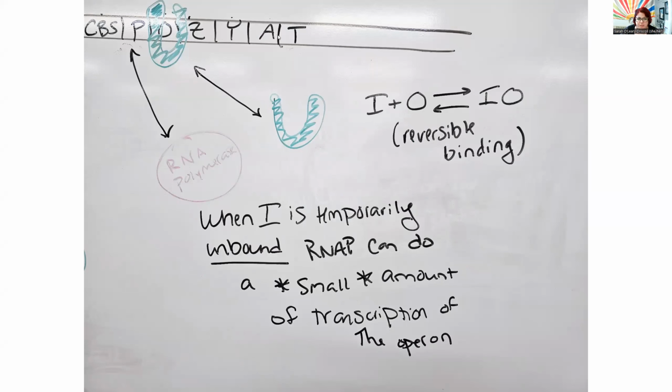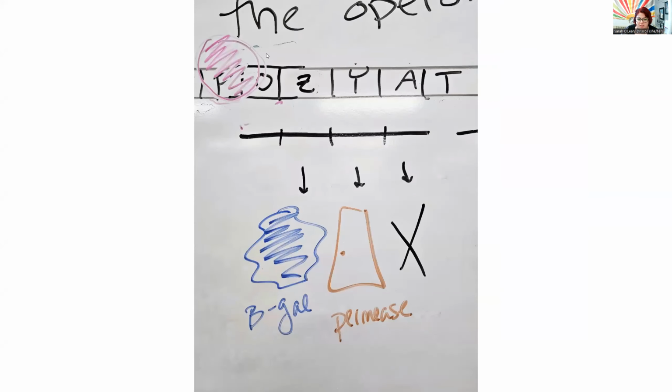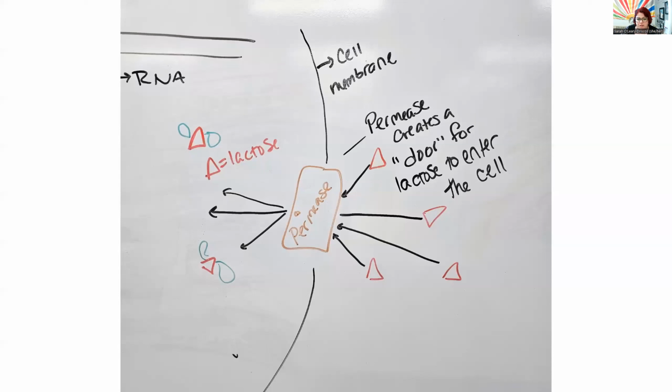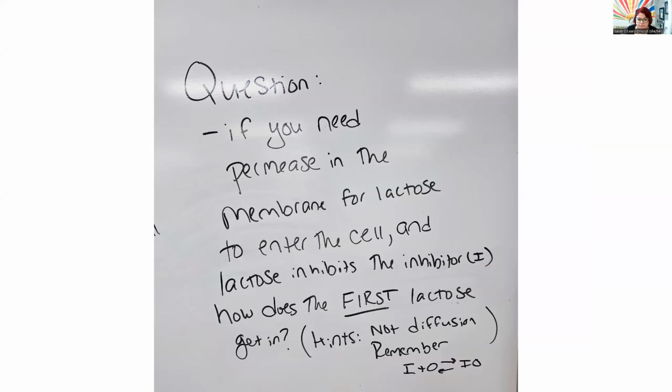And that means that polymerase can transcribe these genes, which means it can make these proteins, which means there is always a door in the cell. So even when there's no lactose, there are doors. So there's enough permease in the membrane that the first lactose, if it gets introduced in the environment, can come in and start the cycle. So that reversible binding is what allows for the cell to change its function.